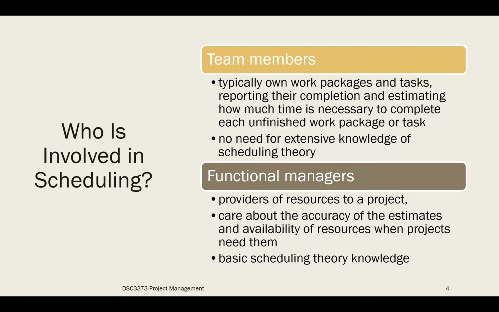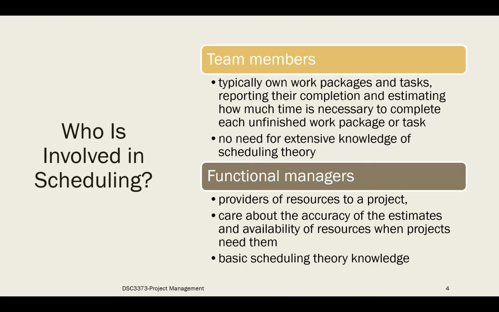The second set of people is the functional managers, right? Functional managers are the people who provide the resources that are required for the project, right? And because of that, they need to know that the estimates that the team comes up with and the availability of the resources are accurate, right?